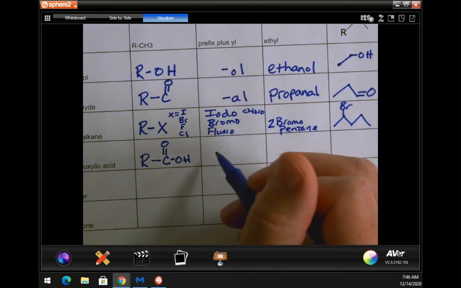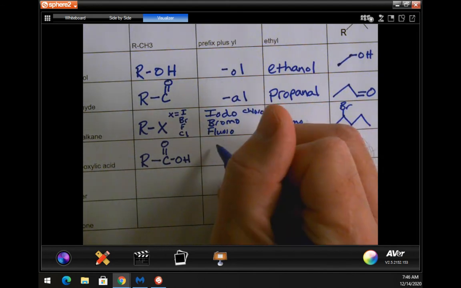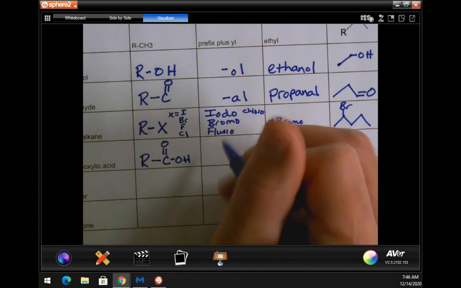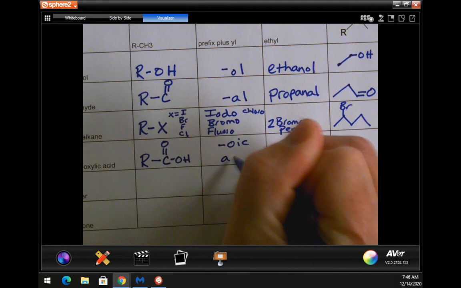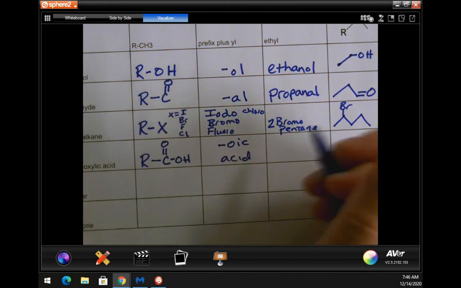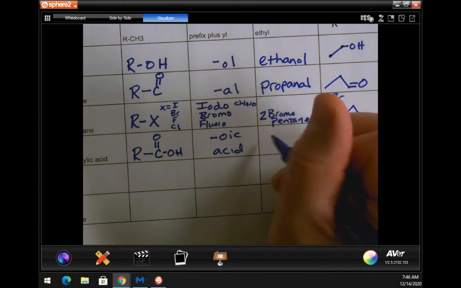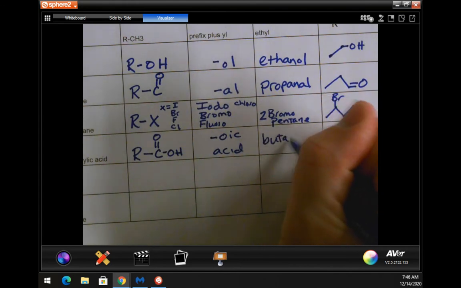The generic name for it is oanoic or oic acid. So let's go with butanoic acid.